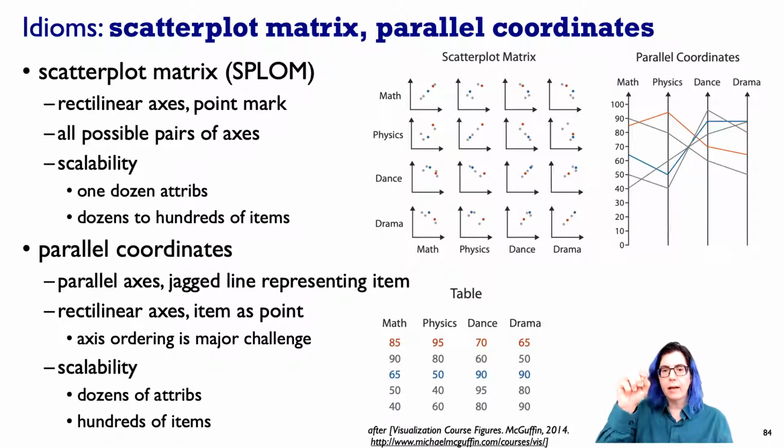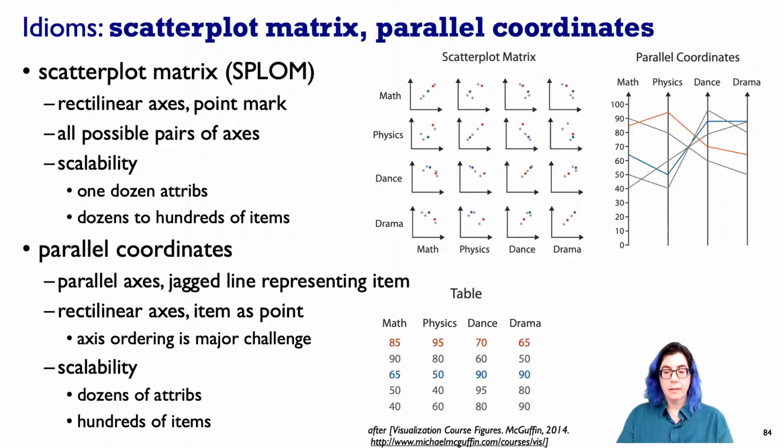And we go along the axis and find the point, and we go from one axis to another. So instead of representing an item as a bunch of points in the different scatterplot matrices, an item is a single jagged line along these parallel coordinate axes. So it's a different way of seeing points.